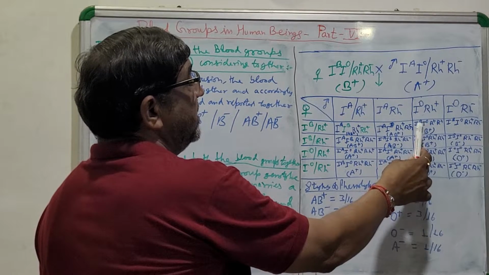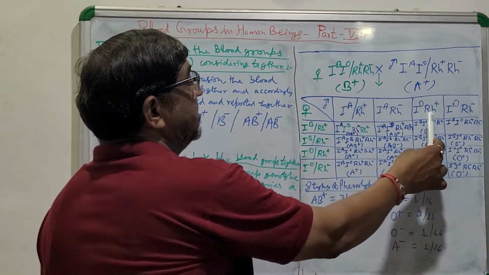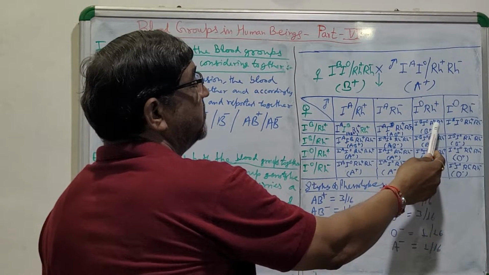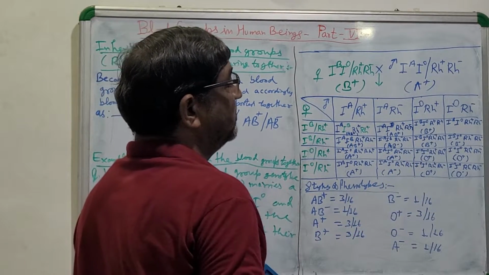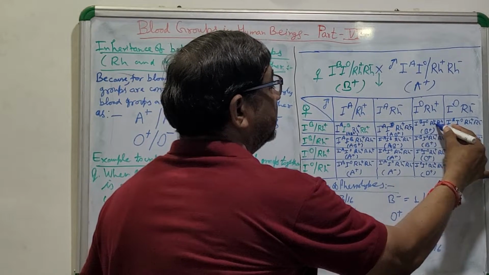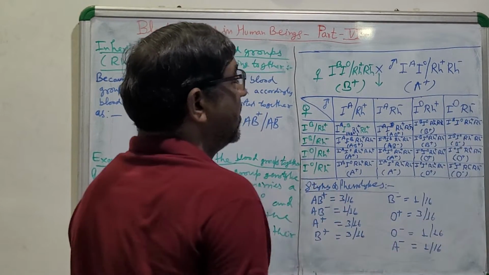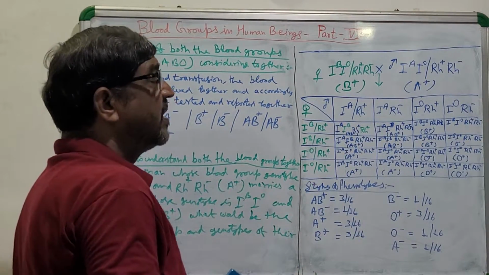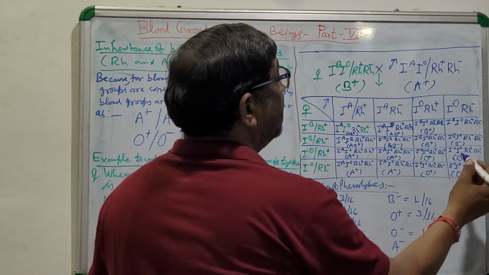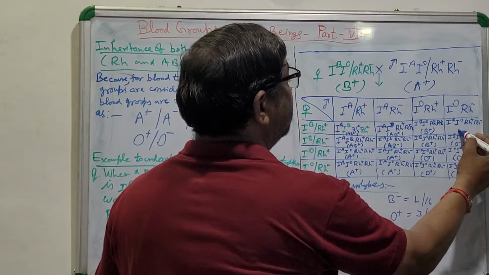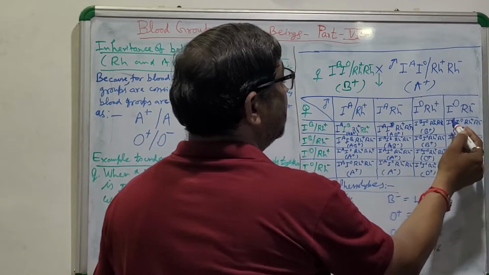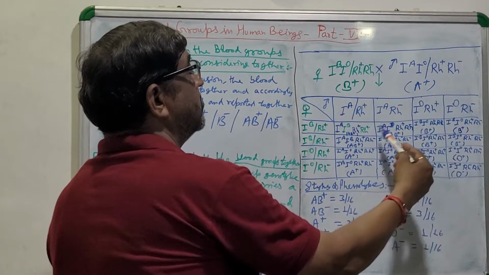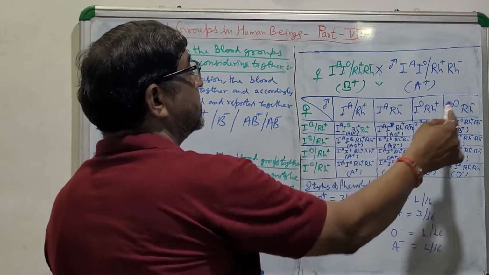Here also you see the child has IB IO, RH positive in heterozygous condition. So the phenotype of this child will be B positive. Like here also, the phenotype of the child will be B positive, with IB in heterozygous condition and RH factor in heterozygous condition.